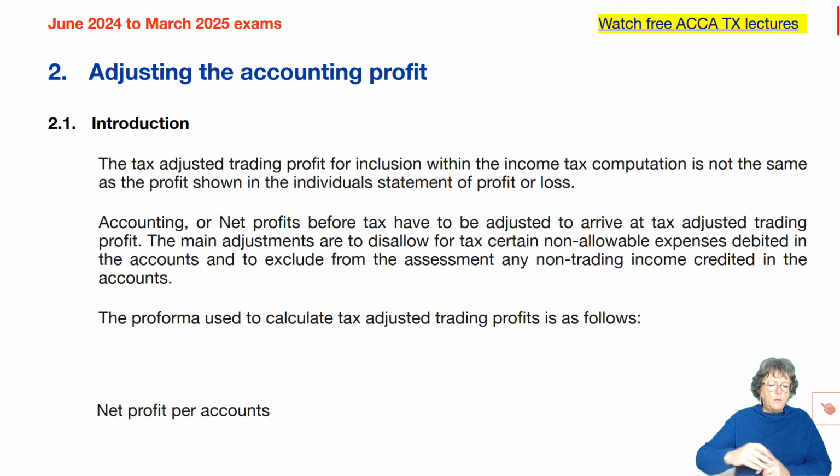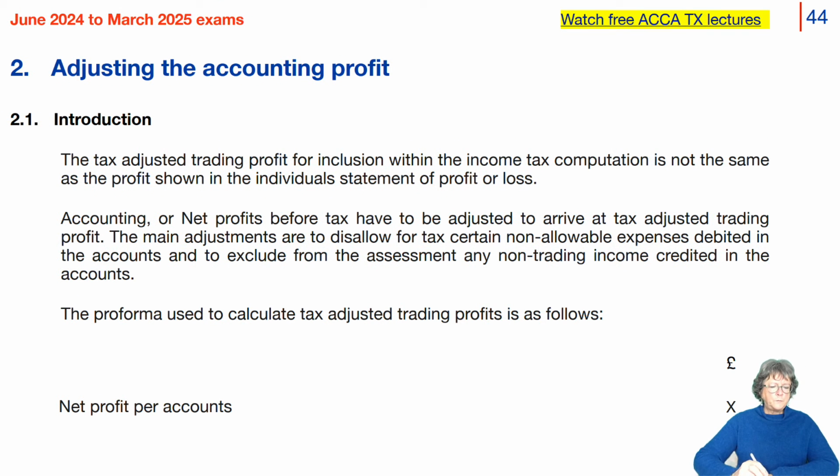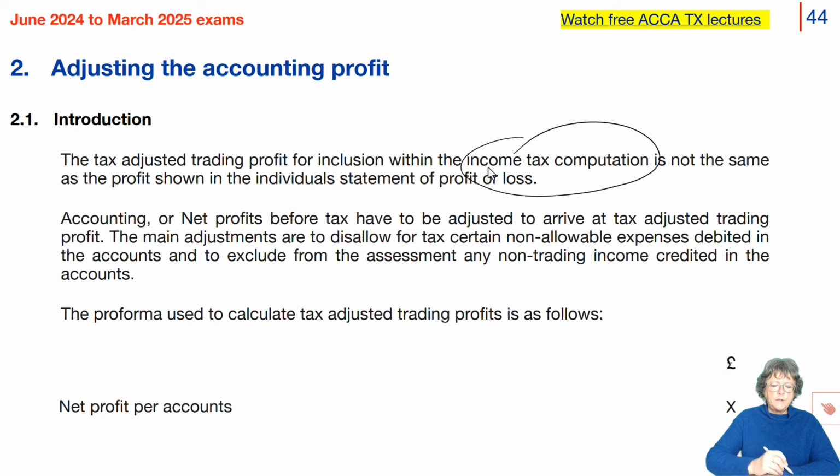Now, we're going to adjust accounting profit. So, the tax adjusted trade profits for inclusion within the income tax computation is not the same as a statement of profit or loss. Let me just explain to you what I mean by that. So the adjusting of this profit needs to then go into the income tax computation, but it can't go into the income tax computation until we've made the adjustments as I've explained.